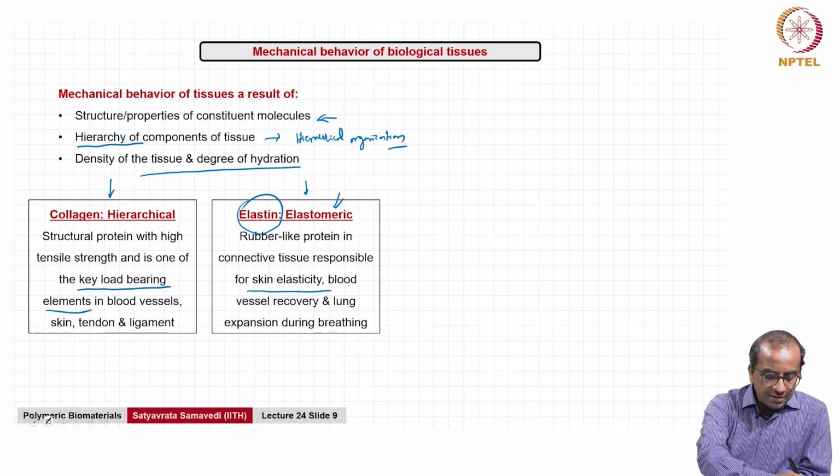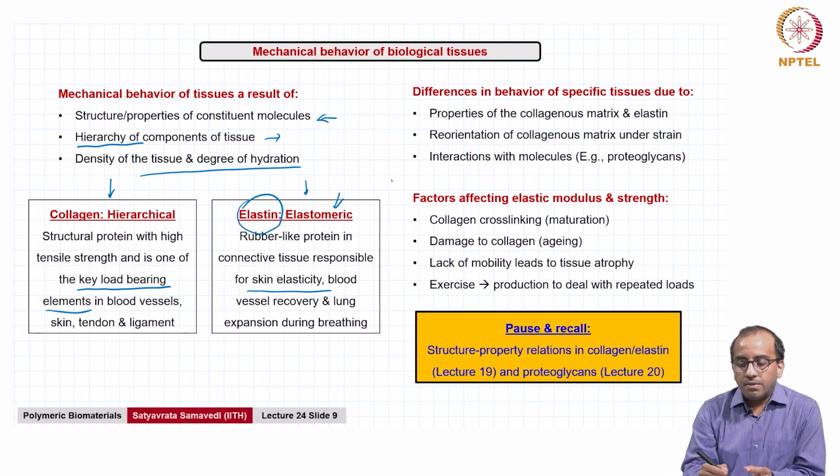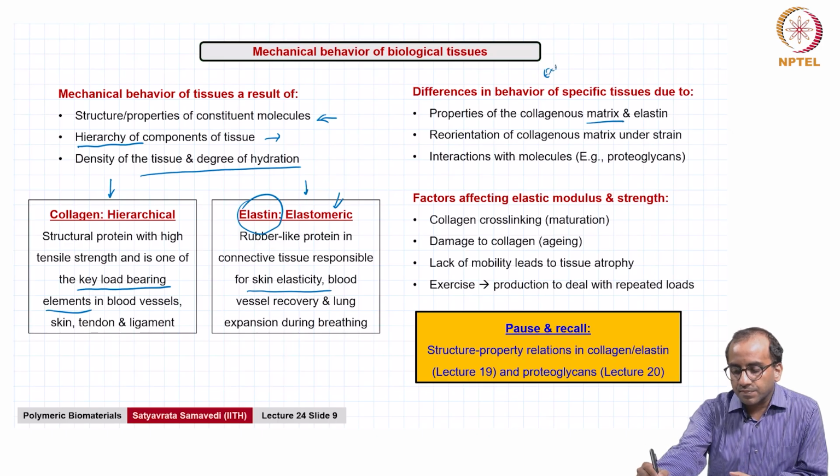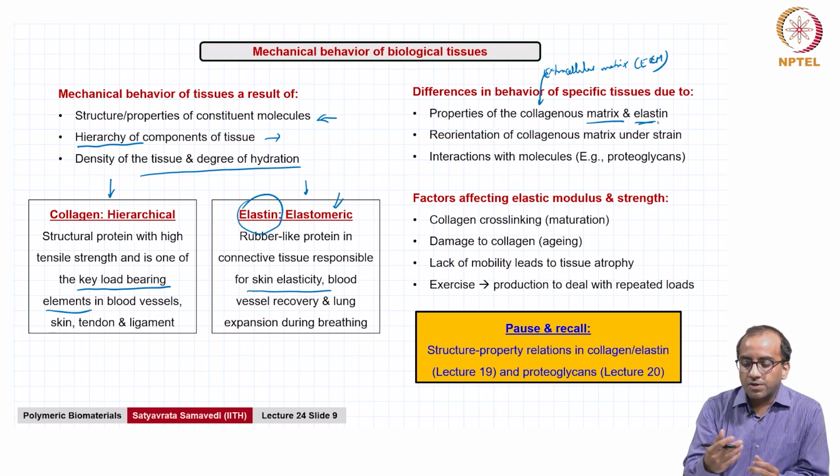And any differences that you can perhaps see across tissues can be ultimately tied back to the properties of the extracellular matrix, or ECM, of which collagen is one of the primary components for many tissues, and elastin, of course, depending on the type of tissue.